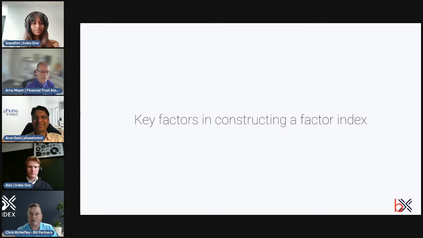The funny thing is that the two index creator guests that we have on have read that academic work and have harnessed it. What we also know is that the best way to get exposure to various factors is not to simply go out and buy the ETF that theoretically is exposed to those factors, because there are tremendous flaws in some of those methodologies, right?